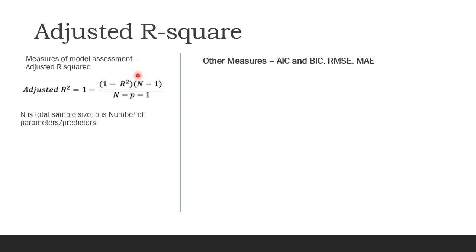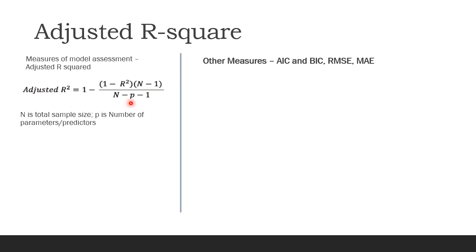So now, say if the number of parameters or predictors, if we keep this as 0, this equation simply comes as R square, right? How? This is 0, n minus 1, n minus 1, n minus 1. This gets cancelled. 1 minus 1 plus R square will become R square. Now, if we have P, which is a penalty term, what will happen if this gets included in this adjusted R square formula?